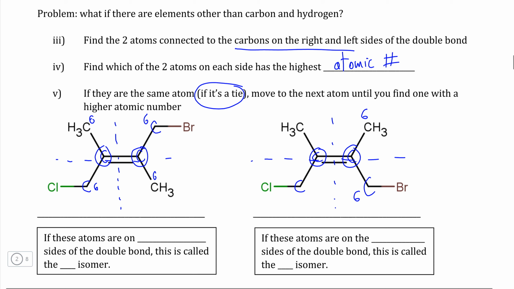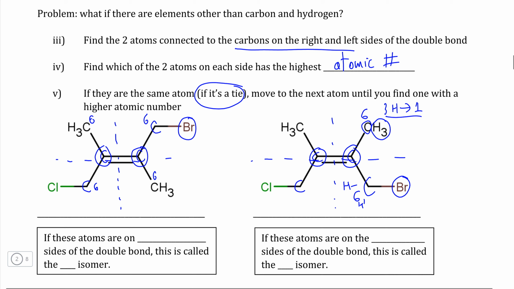So next, we look at the atoms that this carbon is bonded to next, which in this case are 3 hydrogens here, and we know that hydrogen is the atomic number 1. But this carbon down here is bonded to 2 invisible hydrogens here, so again we have a tie, but then it's bonded to a bromine here, which definitely has a higher atomic number than hydrogen, and likewise this carbon here bonded to a bromine, definitely a higher number than hydrogen.